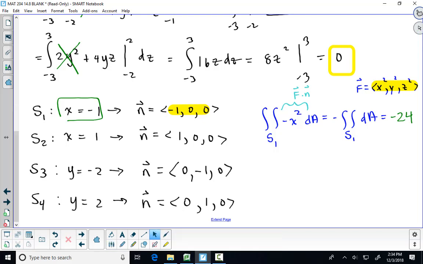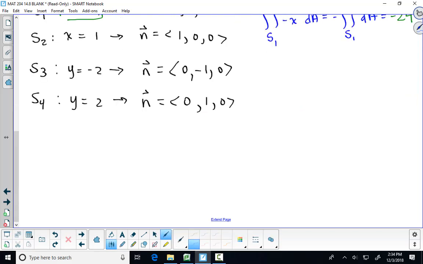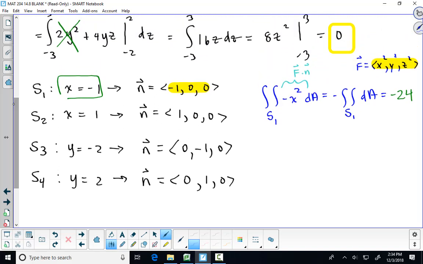All right, next face. 24 again. The y extent is 4, because it's -2 to 2 in the y direction. Z is -3 to 3, so we have 6 high and 4 wide. So 6 times 4. So let's do surface 2. We have to dot f with n. So it's going to be +x squared.